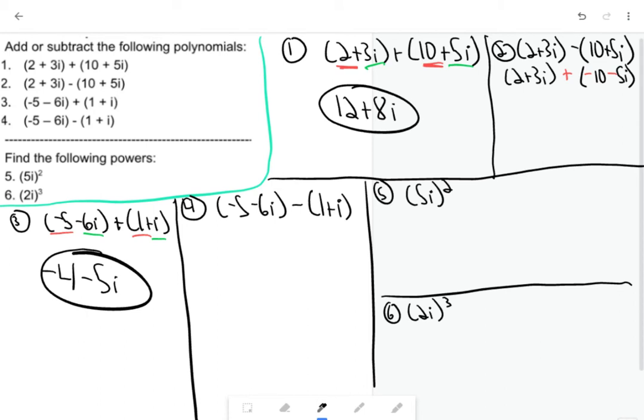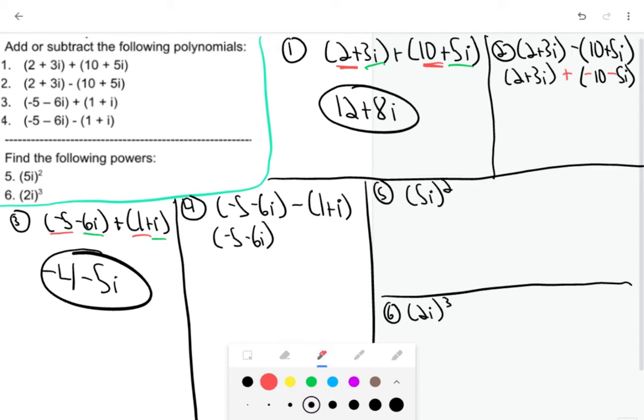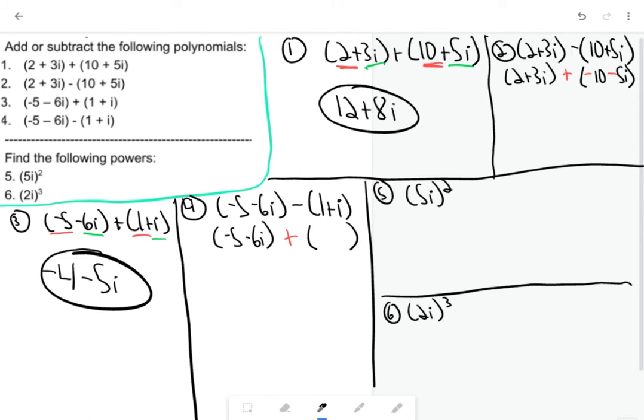Same thing in number 4. I'll keep the first one the same, -5 minus 6i. Change subtraction to addition. Change all the signs in the second one. So 1 becomes -1, and plus i becomes minus i.